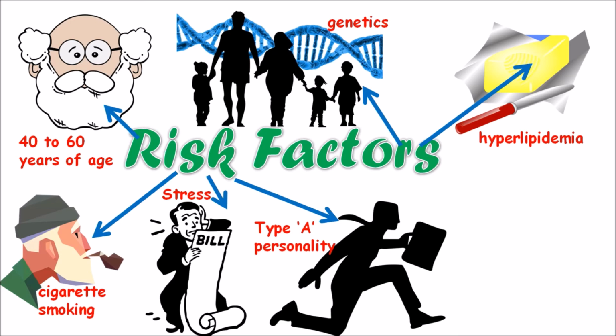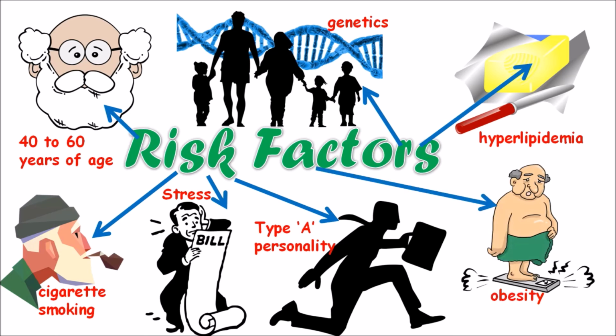They always stress about work and other stuff, due to which the atherosclerosis risk and other cardiovascular disease risk may be increased. The next risk factor we are going to discuss is obesity. This needs no further explanation, as obesity causes increased lipid in the blood, and this may lead to atherosclerosis.